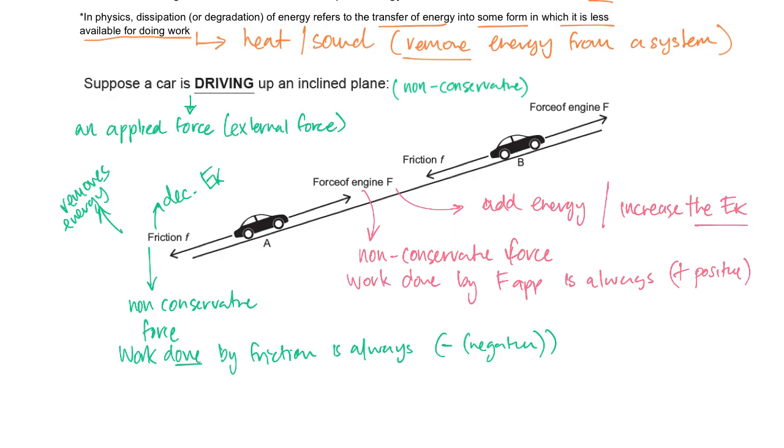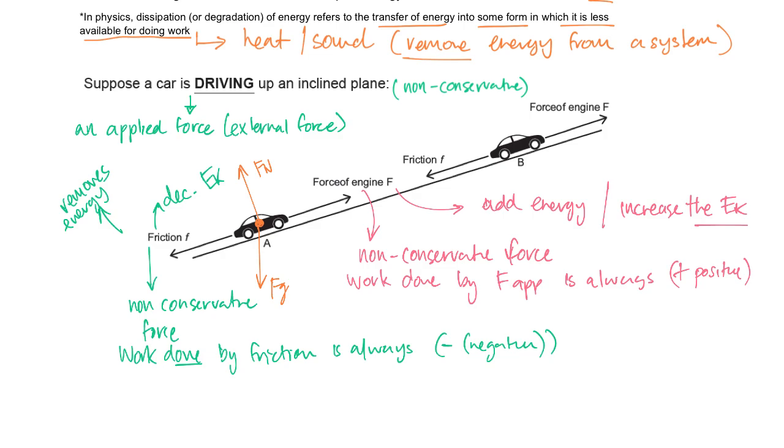So let's say I look at the system and I draw a free body diagram. I would still have my force of gravity going down, Fg, and going perpendicular to the surface, I'd still have Fn. But remember, even though Fg and Fn are conservative forces, they're not the only forces.